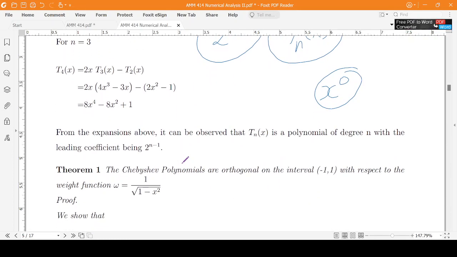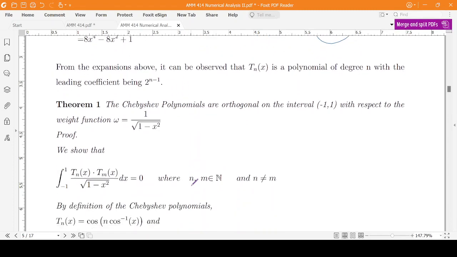Now, we look at a theorem here, which we call theorem 1. The theorem says that the Chebyshev polynomials are orthogonal on the interval -1, 1, with respect to the weight function omega, which is equal to 1 over the square root of 1 minus x squared.